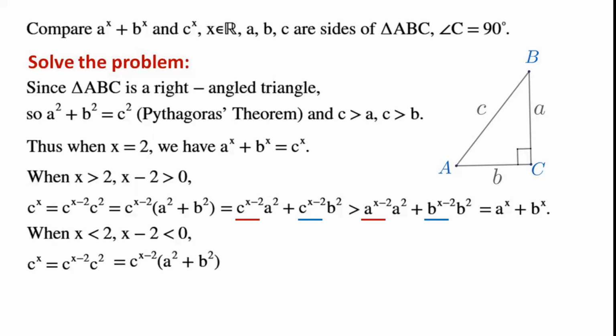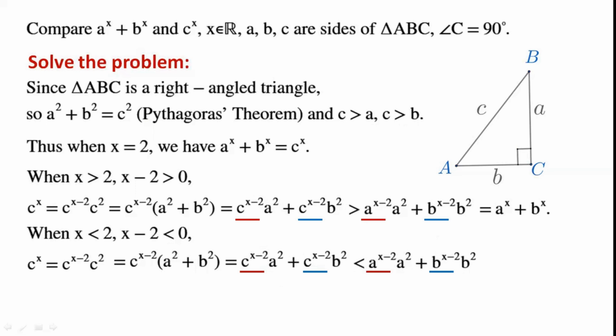By Pythagoras theorem, we know that c squared equals a squared plus b squared. We can now write it as c to the power of x minus 2 times a squared plus c to the power of x minus 2 times b squared.